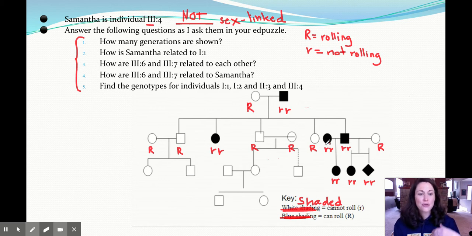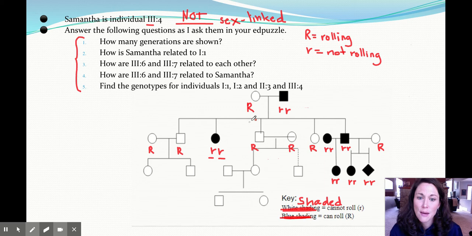So as we think through the rules of inheritance, remember, you get one allele from mom and one allele from dad. So people who cannot roll their tongue got one little r from their mom and one little r from their dad. Well, it's easy to see dad can give a little r because he can't roll his tongue either. But let's look at mom. Mom rolls her tongue, but has offspring who cannot roll their tongue.